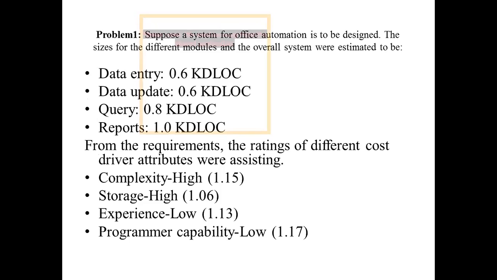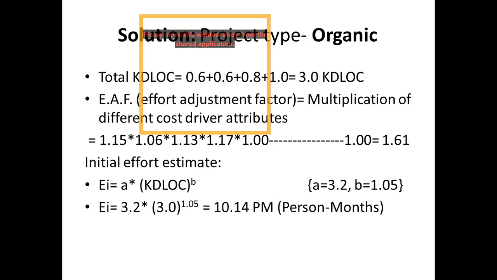Now the nature of the project you can determine with the help of the size of the project, because this is a small automation system you are going to design. Then tell me please, anybody, the type of project? Organic maybe, sir.